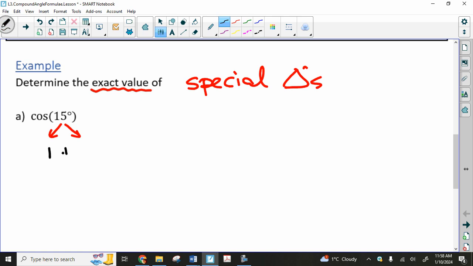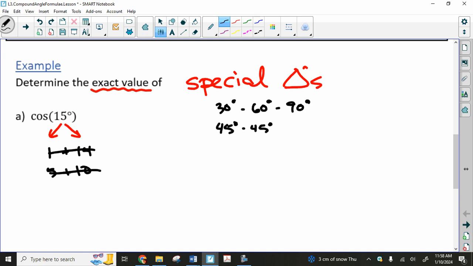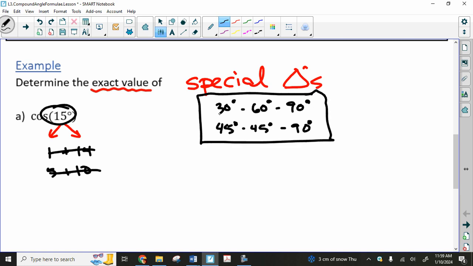Like 1 plus 14 would give you 15, but neither of those are in our special triangles. 5 plus 10 would give you 15, but neither of those are special triangles. Remember, our special triangles are the 30, 60, 90 triangle, or the 45, 45, 90 triangle.